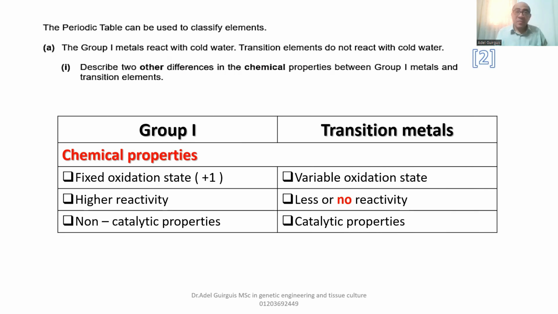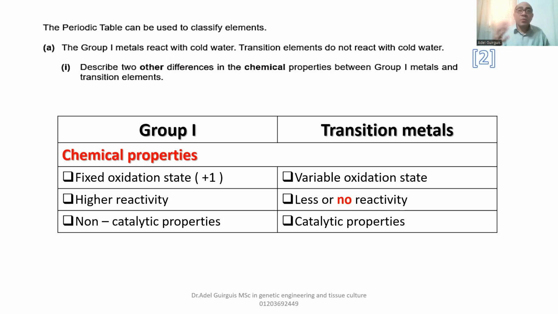Higher reactivity, they react easily with water, with cold water, and also react with atmospheric oxygen easily. Non-catalytic properties, they have no catalytic properties, while transition metals, each transition metal has a variable oxidation state.